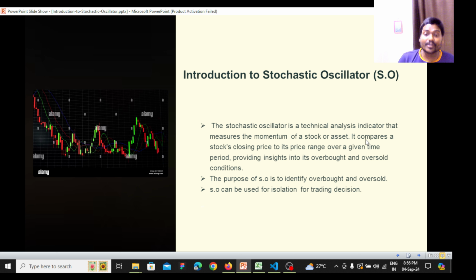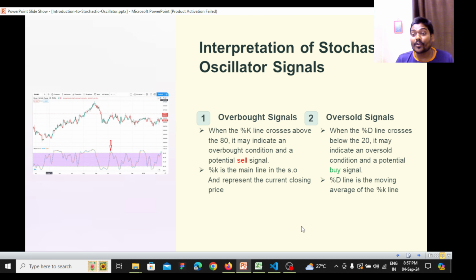Next, oversold consists of the percentage D line being less than or equal to 20%. It indicates the potential to buy the product. So the overbought signal represents the current closing price, and the oversold represents the moving average of the percentile K line. So next we will move on to the next slide.